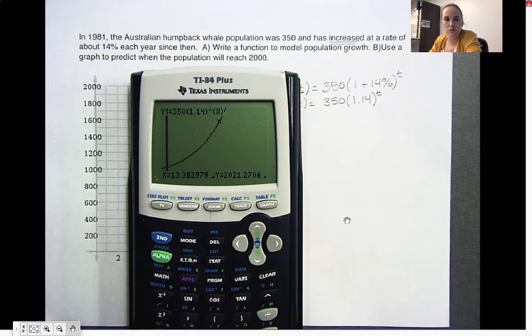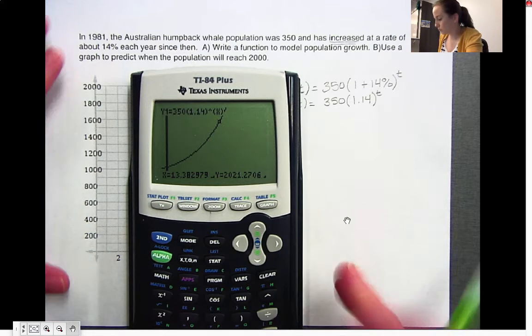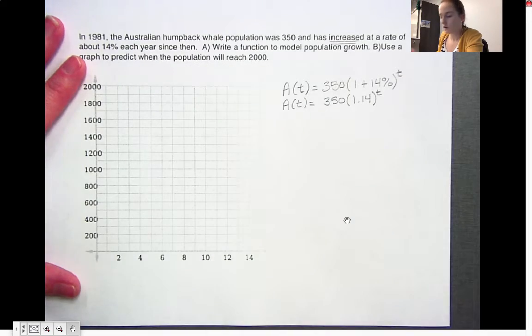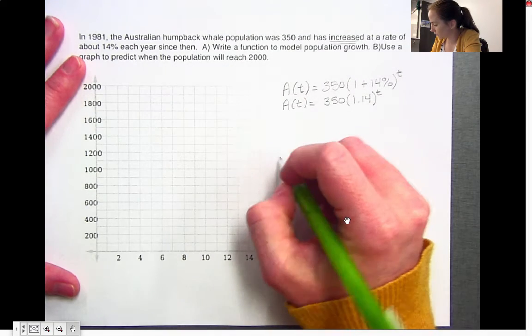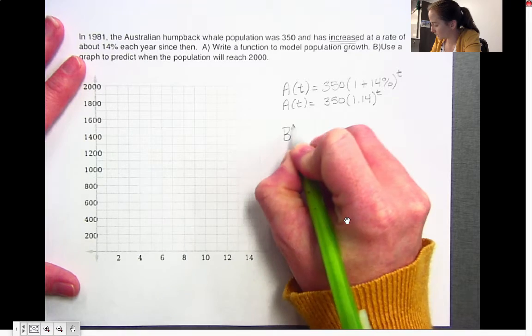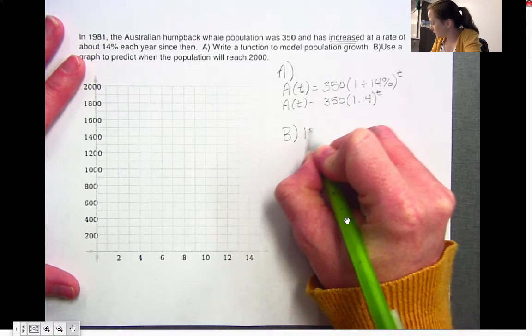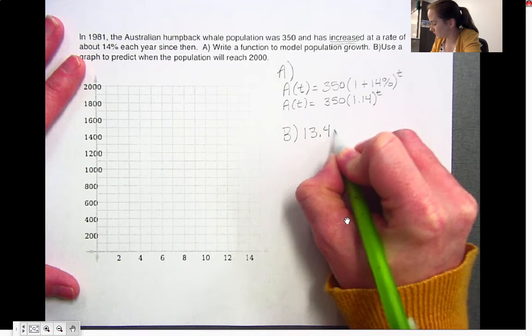Use a graph to predict when the population will reach 2,000. Approximately 13.4 years later. So for part B, I just rounded this to the nearest tenth, approximately 13.4 years.